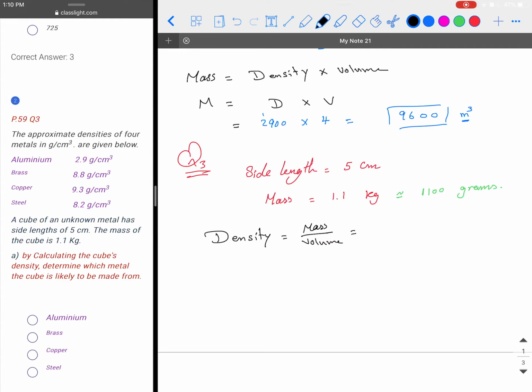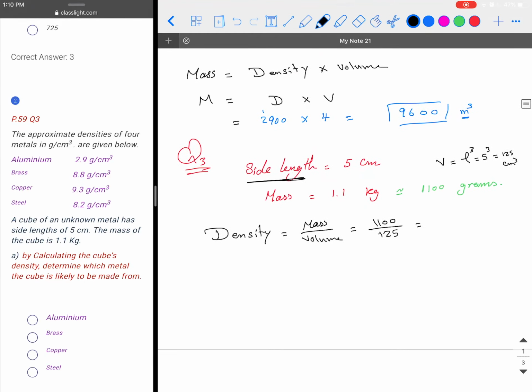For mass, I know it, it's 1,100. What about volume? He gave me the side length, and the volume for a cube equals L power 3, side length power 3, which means 5 power 3, which means 125 centimeter cubic. So I will add here 125.